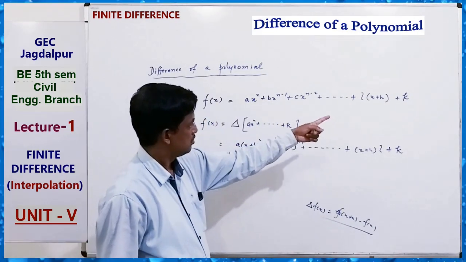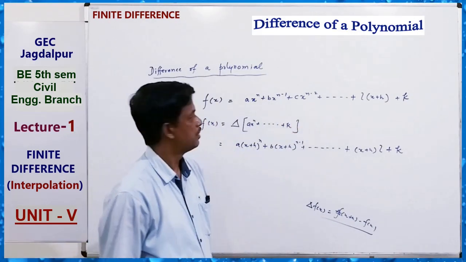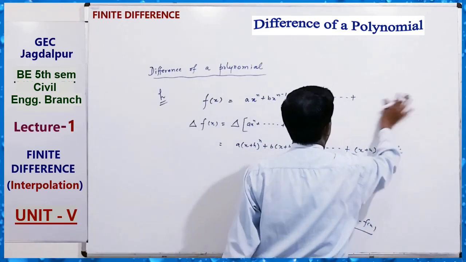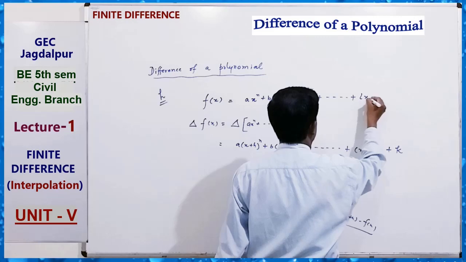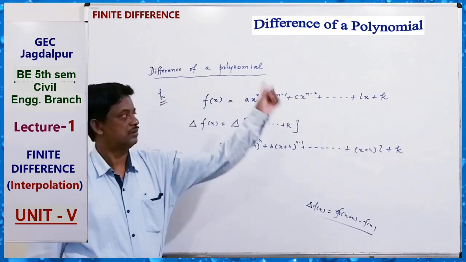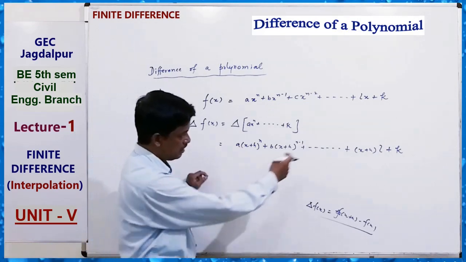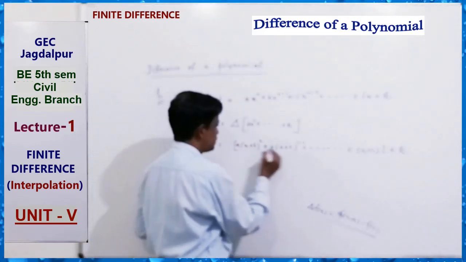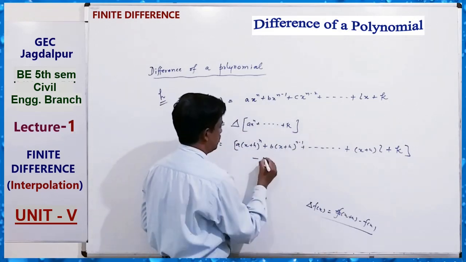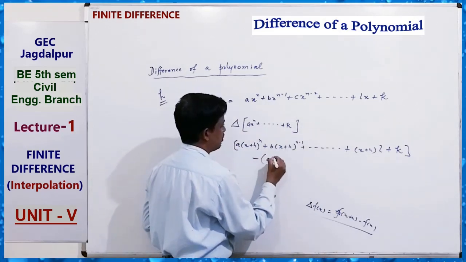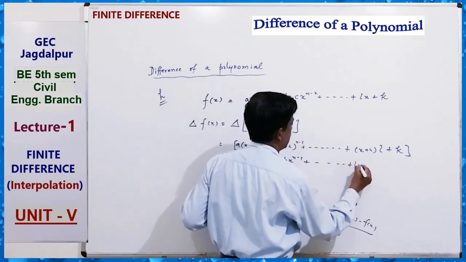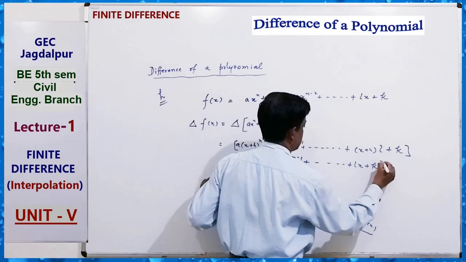So, sorry, L x plus k, the last term x and then the 0 term. So here L x plus h, minus f(x) total, a x^n, b x^(n-1), plus up to L x plus k.